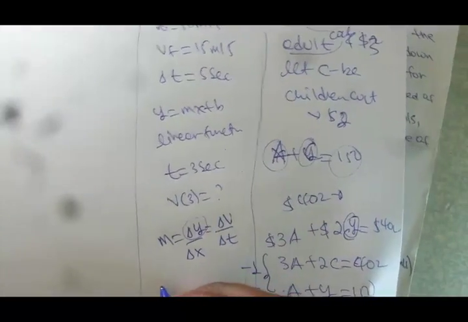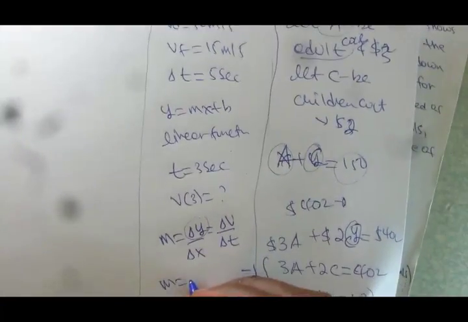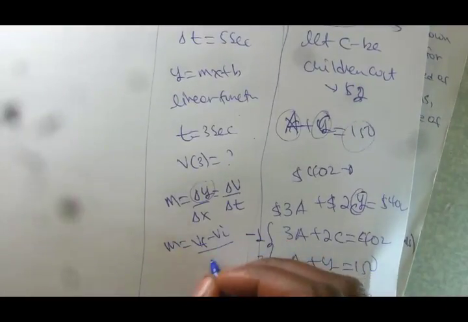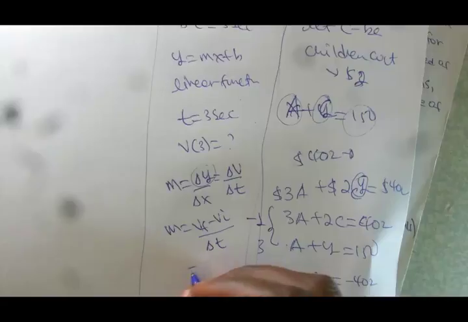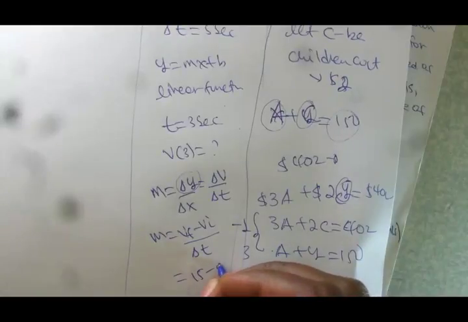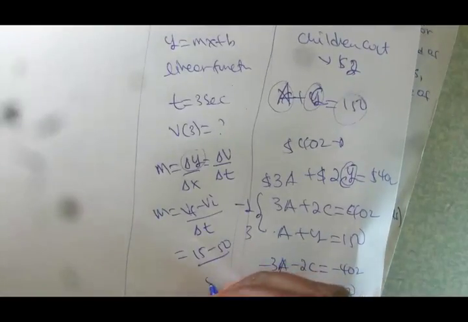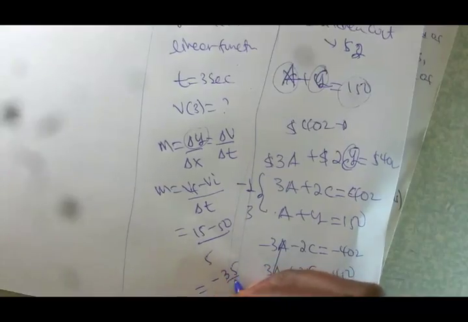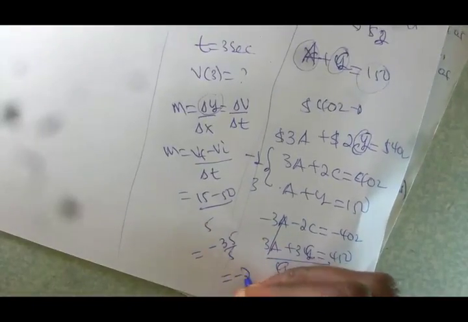Therefore m is v final minus v initial over change in t. V final is 15 minus initial speed was 15 over 5 seconds. Therefore this is equal to minus 35 over 5, minus 7.